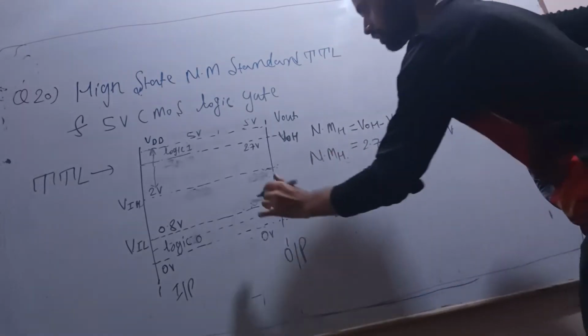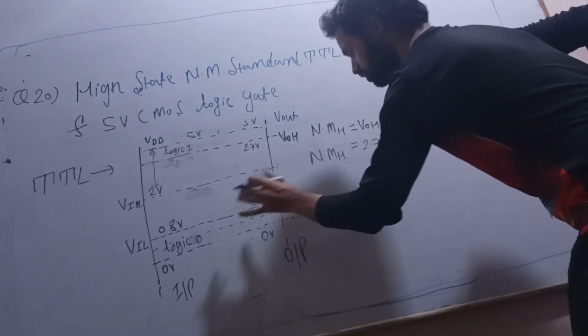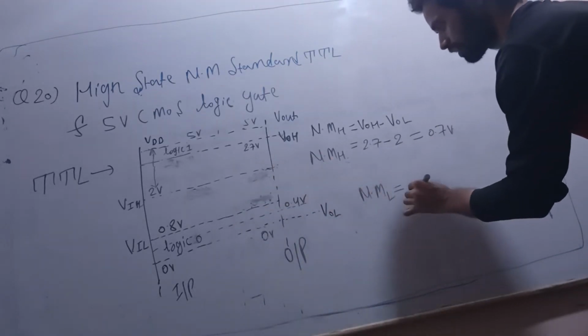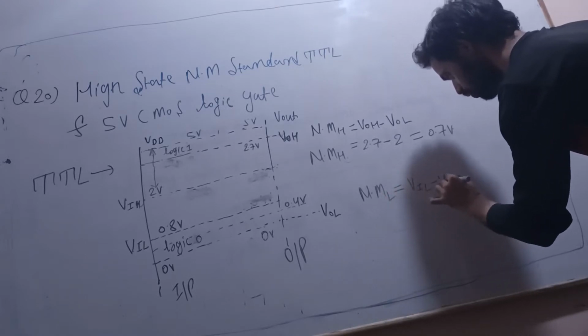Noise margin low for TTL is VIL minus VOL, which is 0.8 minus 0.4, equal to 0.4 volt.